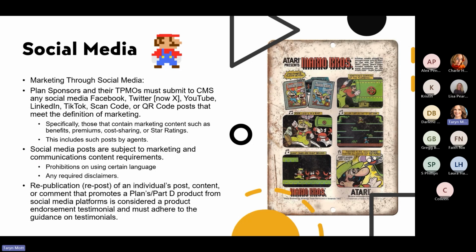Social media posts are subject to marketing and communications content requirements, prohibitions on using certain language, and any required disclaimers. Republication, which is a repost, that means you shared it, of an individual's post, content or comment that promotes a plan's or a Part D product from social media platforms is considered a product endorsement or testimonial, and must adhere to the guidance on testimonials.